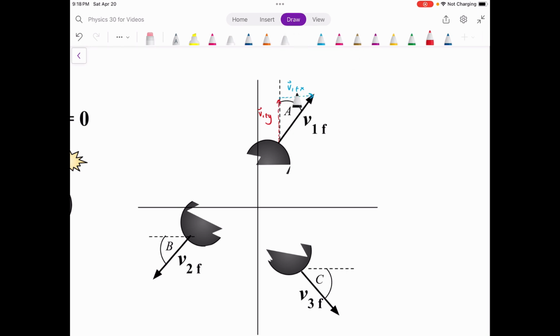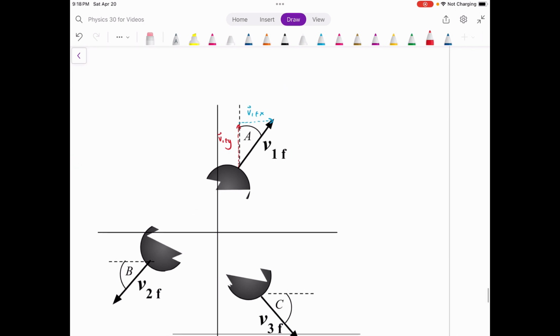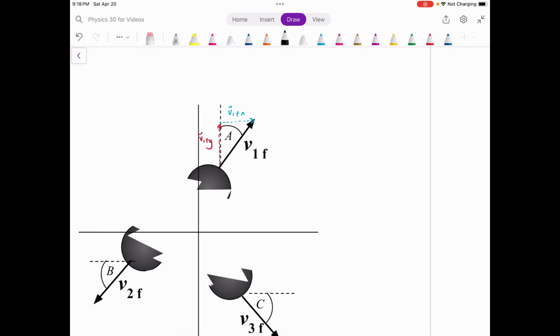Be careful. Sometimes students think x is always going to be cos. It often is, just because naturally this is how it feels good to draw angles, but there's nothing wrong with giving the angle from the vertical, and that makes this the component that's actually opposite to our angle A, right? So in this case, the sine of the angle A would equal the x component of object 1's final velocity over object 1's final velocity, right?